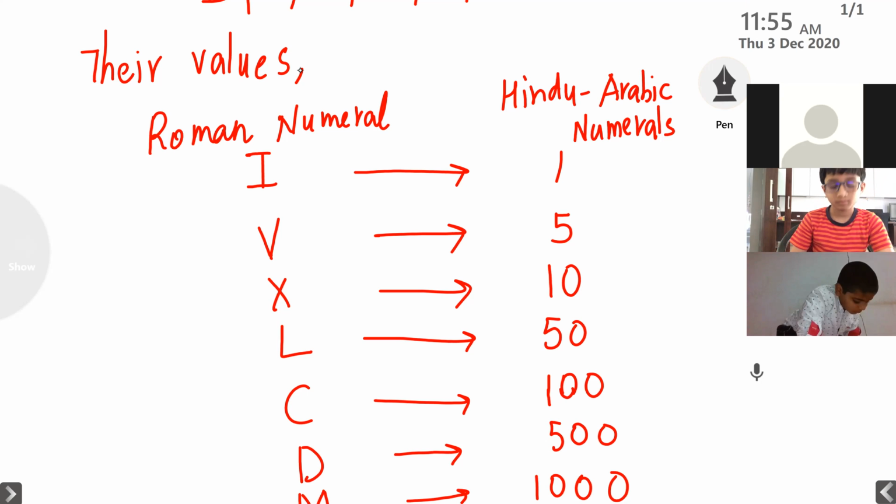Put your raised hand down. Copy down this, children. Your homework is to write the Roman numerals from 1 to 39.